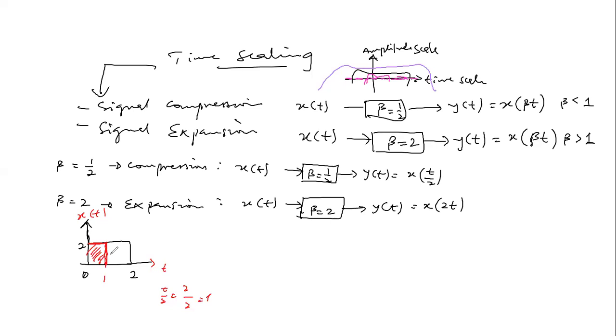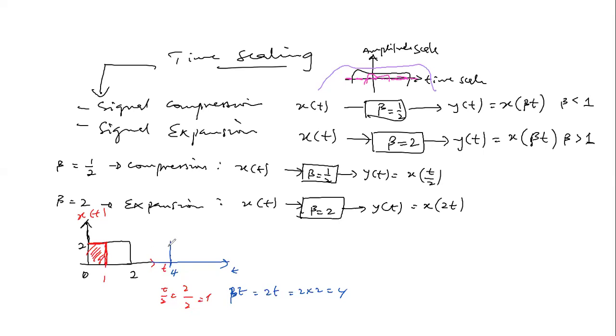But what if t is the same as 2? So now beta t will be 2t, right? Which is 2 times 2, which is 4. So it means that this time scale, we need to extend. So this is going to be twice this. So let's say this is 4.